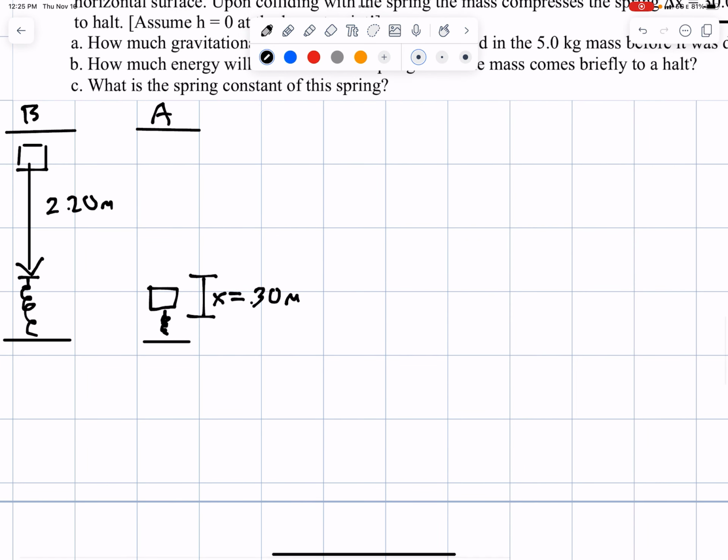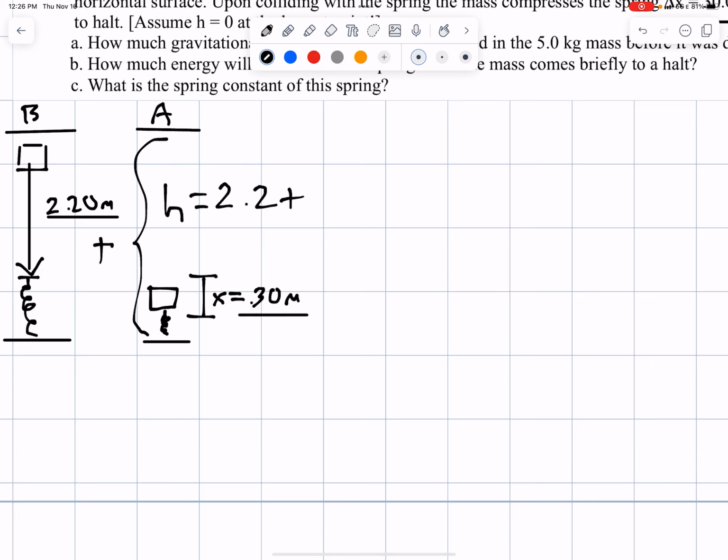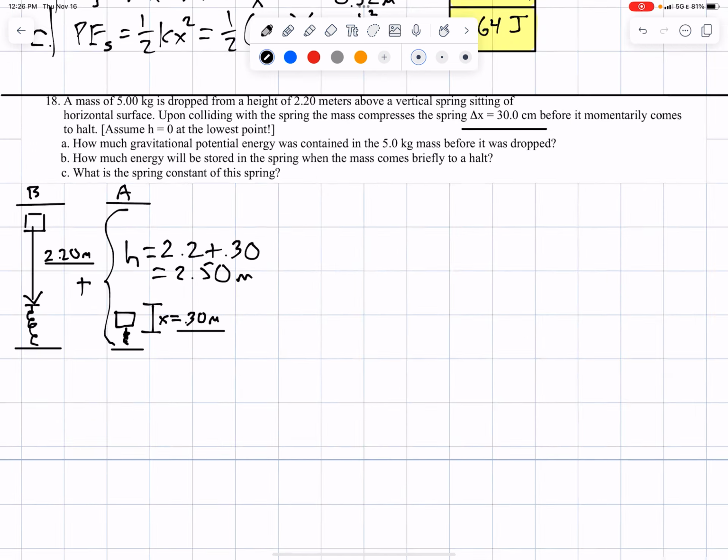Now, if you take into account the height difference, it would be 2.2 plus 0.3. So the height is the sum of the two, or 2.5 meters. We'll need that.